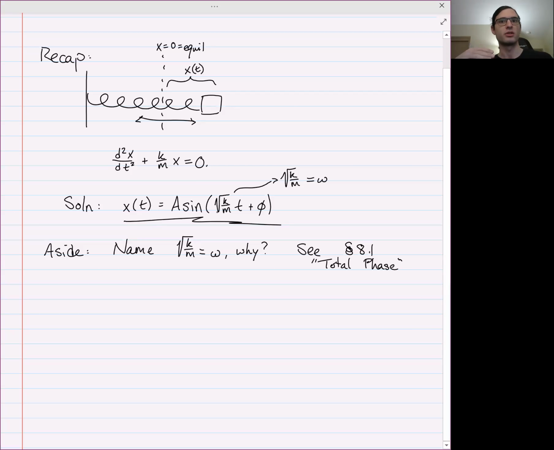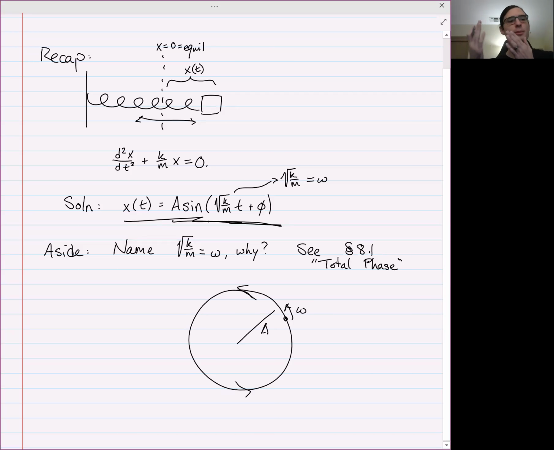It turns out that if you model an object going in a circle with radius A, and angular speed omega, you can model its vertical position using precisely the same formula. So that's why we use the same letter, because they're very much two sides of the same coin.